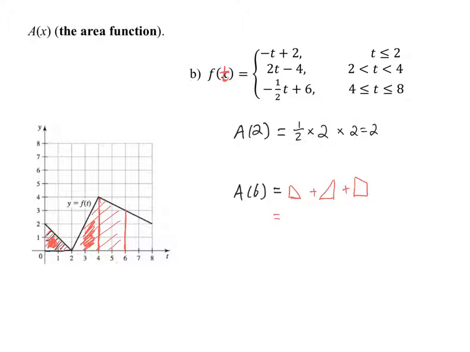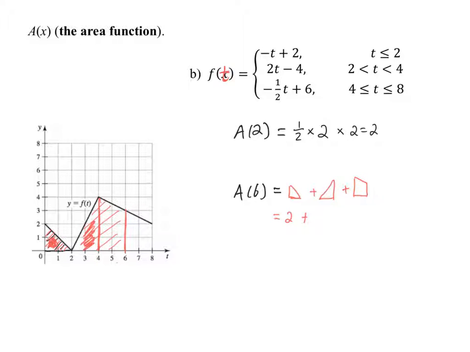The first one, we already found from above, which is 2. Plus the second one, so let's take a look at here. The base is 2, 4 minus 2 is 2. And we also know that the second shape is a triangle. This is a straight line, so we can figure out its height using this function, right?